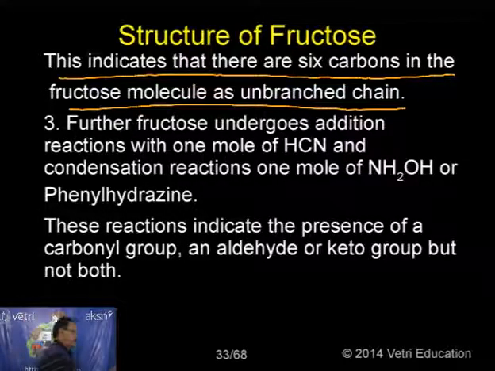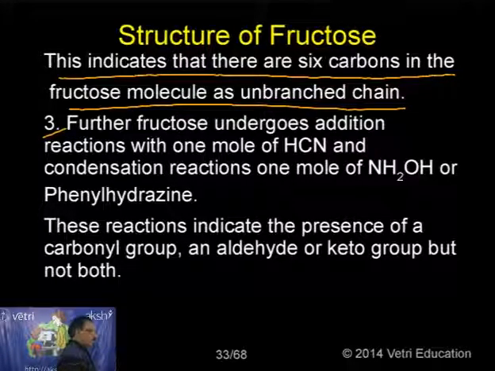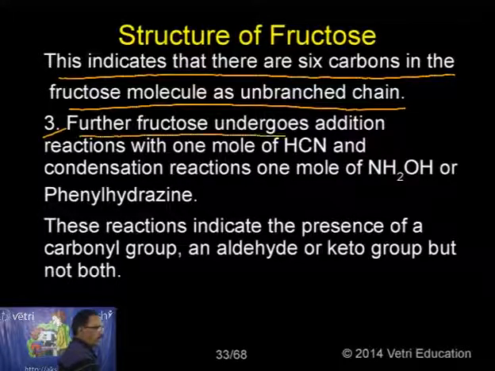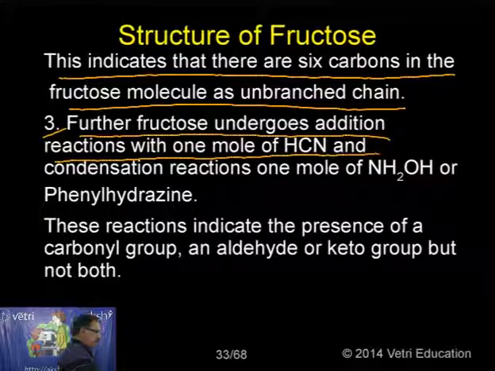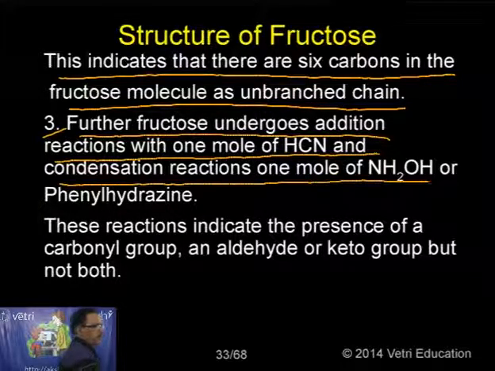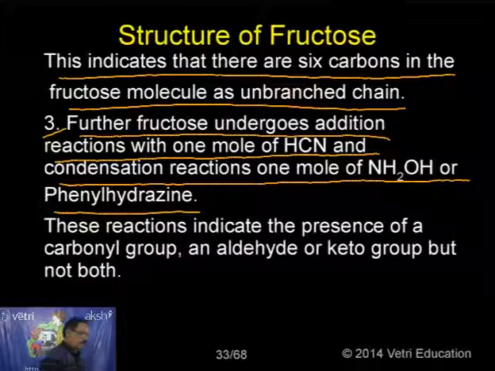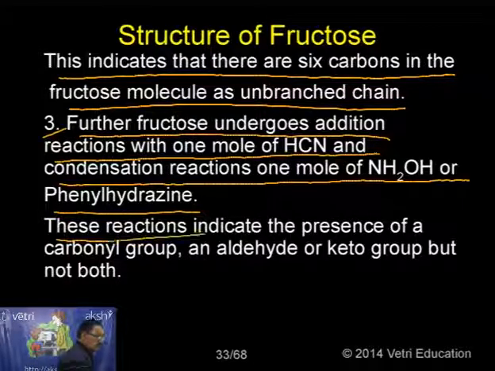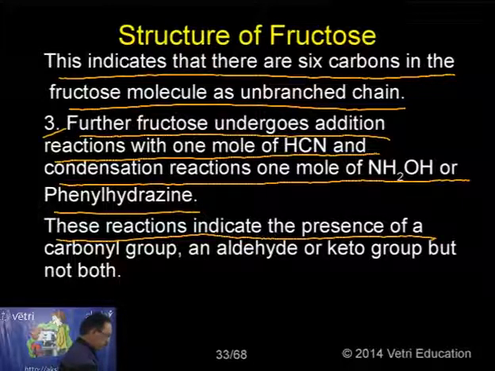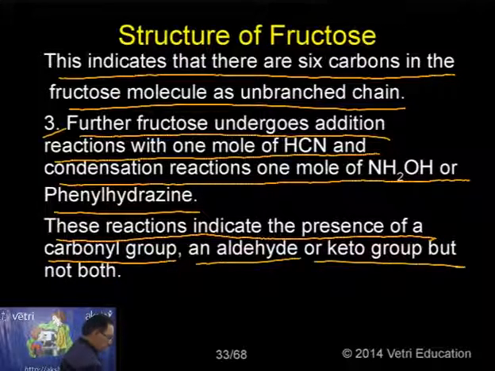Step 3. Further, fructose undergoes an addition reaction with 1 mole of HCN and a condensation reaction with 1 mole of hydroxylamine or phenylhydrazine. These reactions indicate the presence of a carbonyl group, an aldehyde or keto group, but not both.